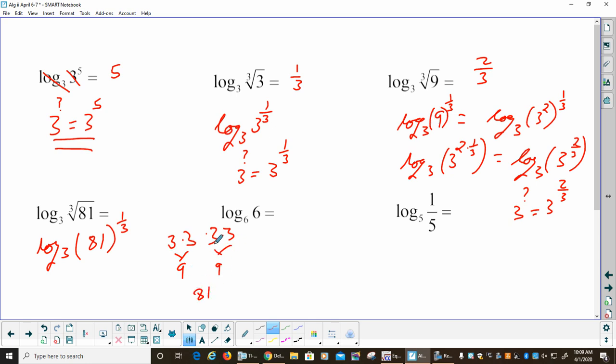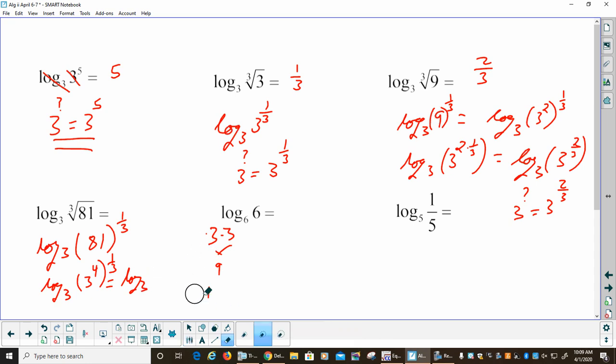So 3 times 3 times 3 times 3 is 81. That's log base 3 of 3 to the 4th raised to the 1/3. So that's going to be log base 3. Suppose I should erase this.